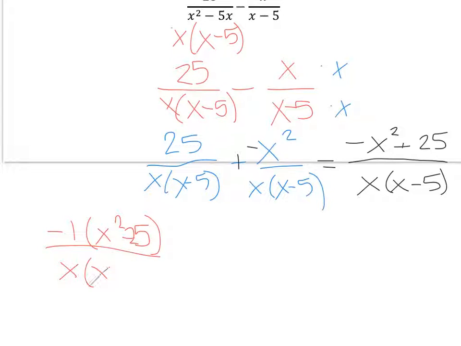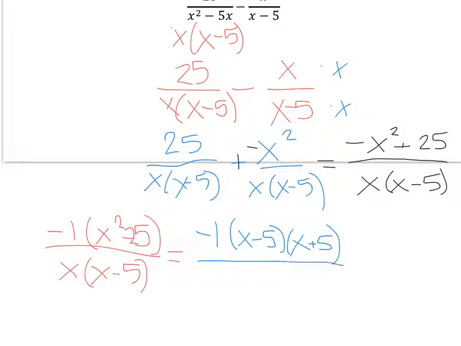And again, I'm keeping my denominator factored. And then I notice I can actually factor x squared minus 25. That's a difference of two squares, all over x and x minus 5. Now I notice this will simplify.